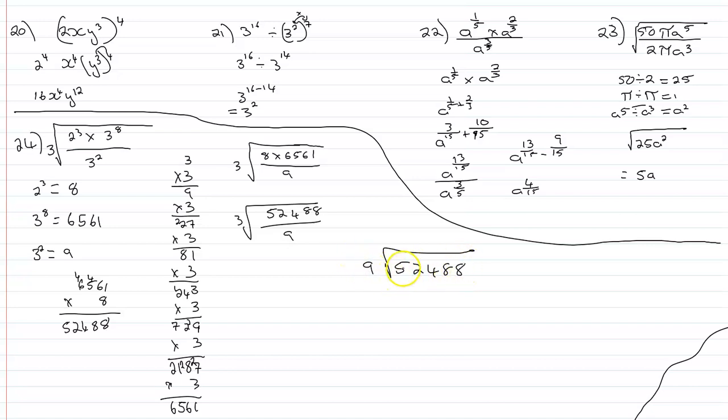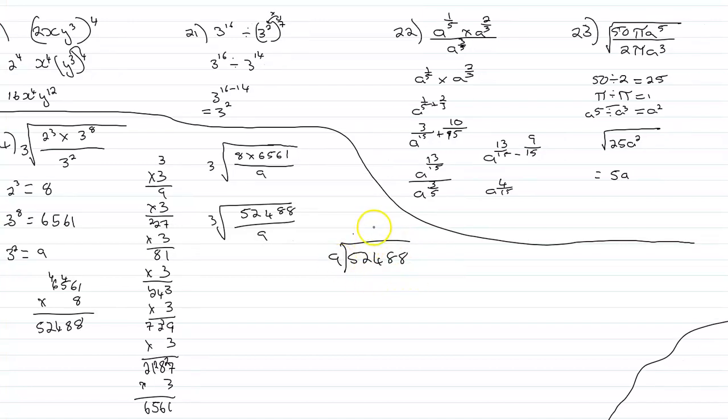9 goes into 5, can't. So 9 goes into 52 5 times. 5 times 9 gives you 45. Subtract, we're left with 7. Bring down the 4, so this will be 74. 8 times 9 is 72.